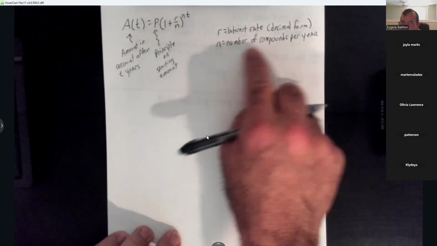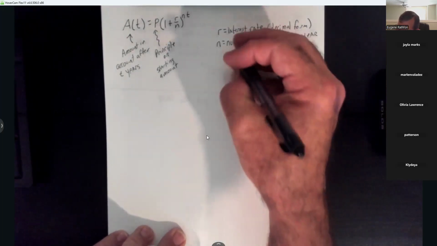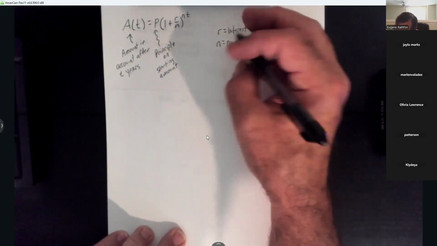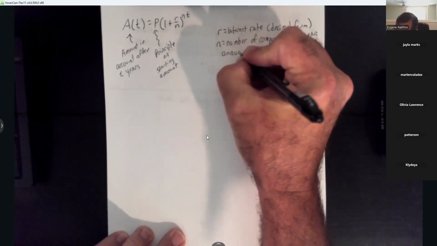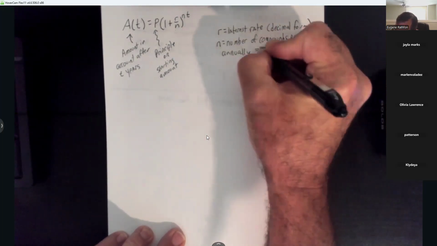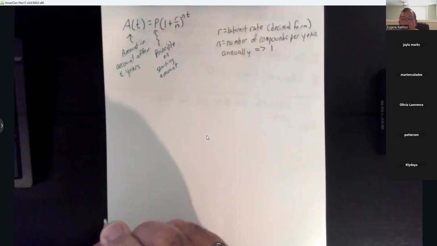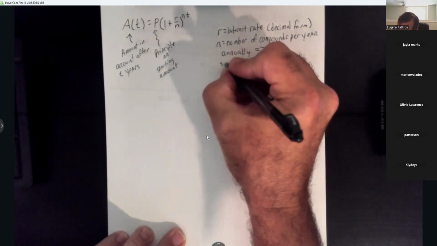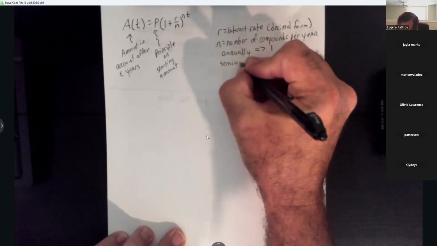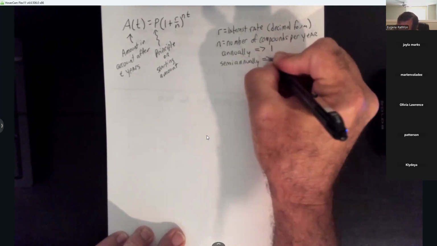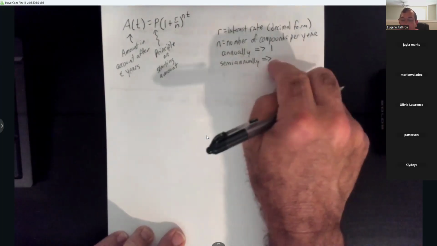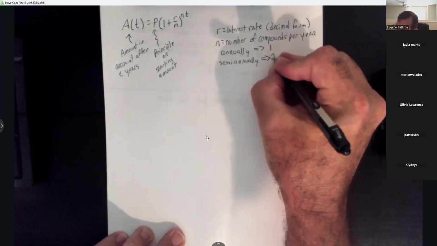So on number of compounds, they might give you annually. Annually is 1 time a year. Semi-annually. If they say it's semi-annually, that's going to be 2 times a year.